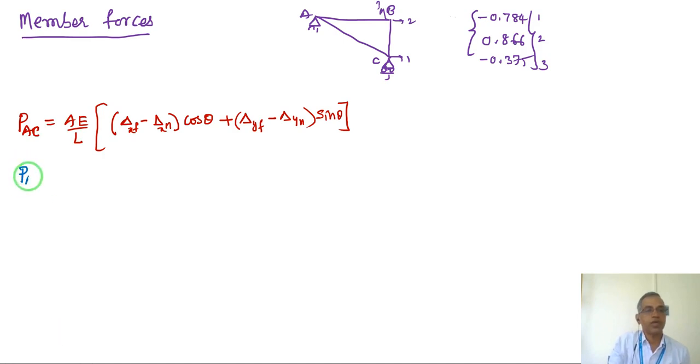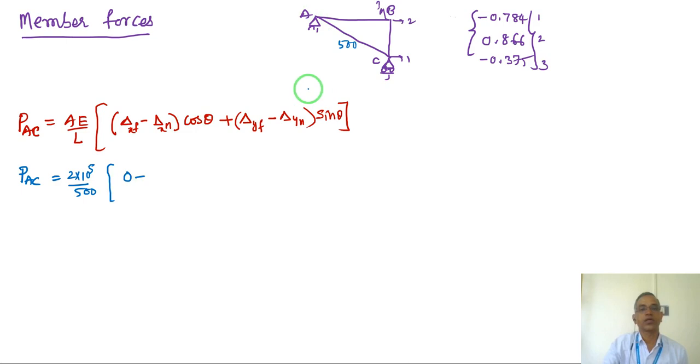We'll use that formula to find out the member forces. So the PAC, AE by L for member AC, this is 500 AE. So 2 into 10 power of 5 is AE, and this is 500 into far end displacement of A, that means A displacement both x and y is 0. So 0 minus x is near end because I am taking C as the near end.